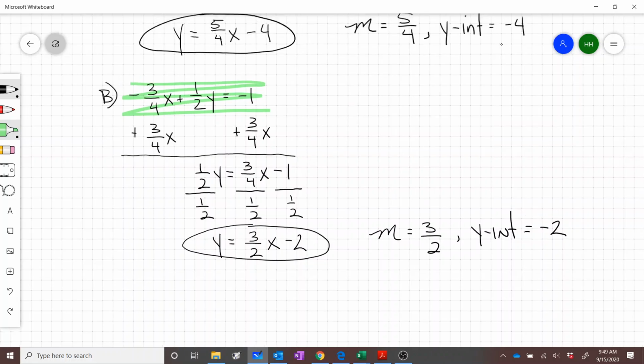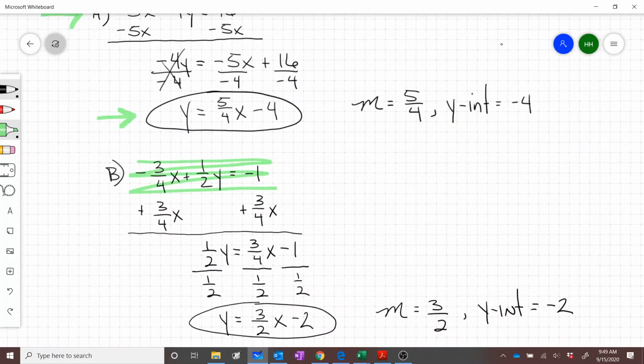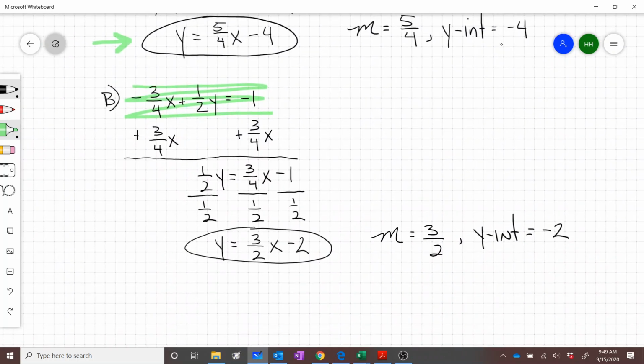If you're asked to graph this equation, you'll put it in slope-intercept form first, and then you'll graph it.